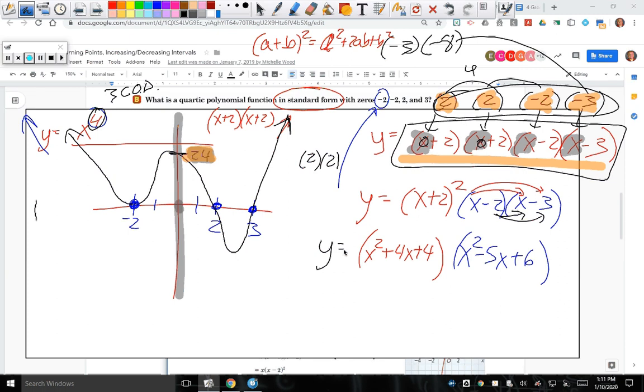How many of you have ever FOILed out 2 trinomials together? Yeah, I didn't think so. Okay, here we go. We're going to first start by distributing x squared to everything. Here, here, and here. So I'm about to blank x squared to all of those things.